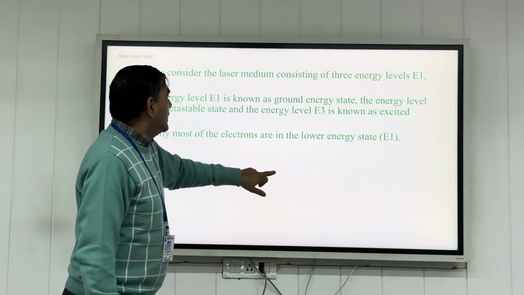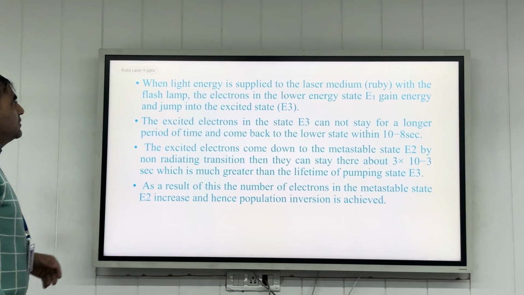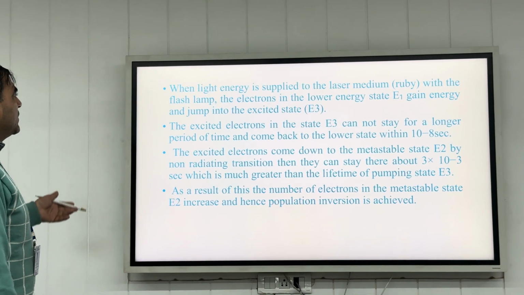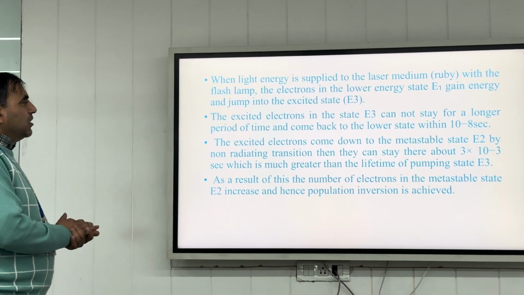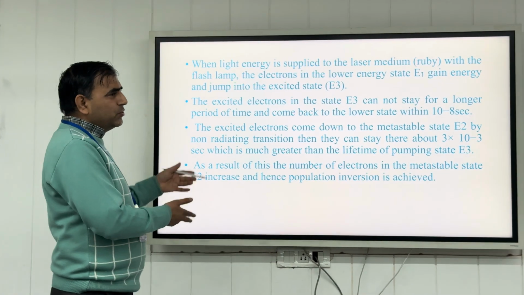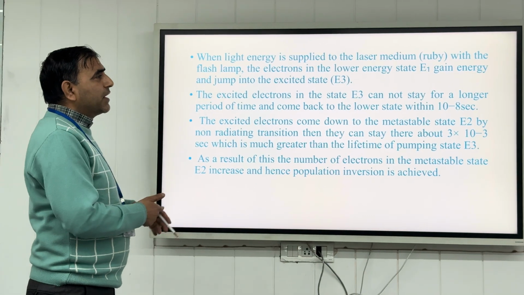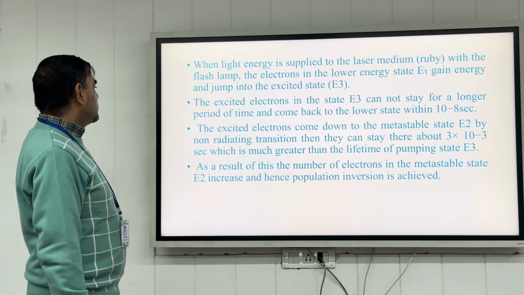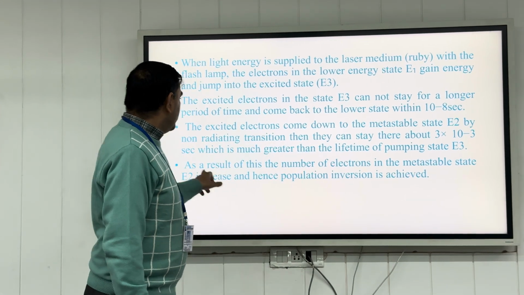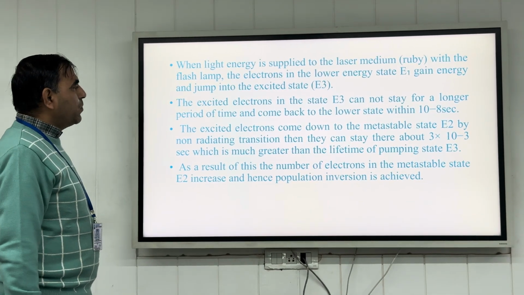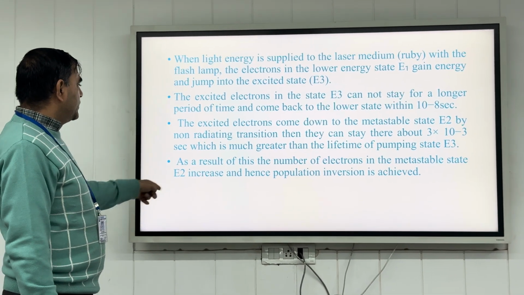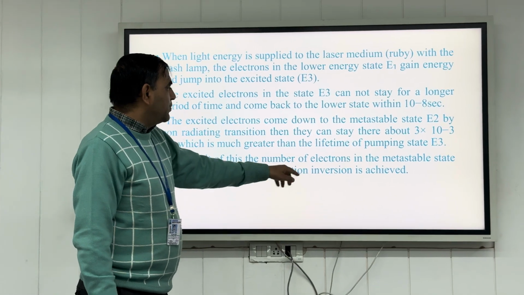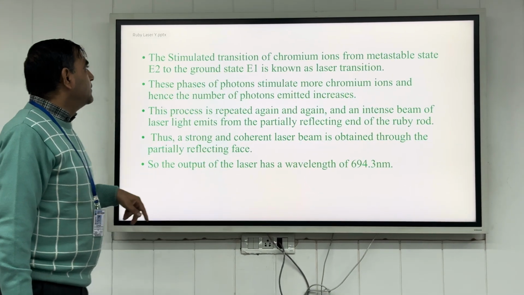So this is the energy diagram showing how it works from E1 to E2 and E3, and back from E3 to E2 and E1, where the laser action takes place. The number of electrons in the metastable state E2 increases, and hence population inversion is achieved.